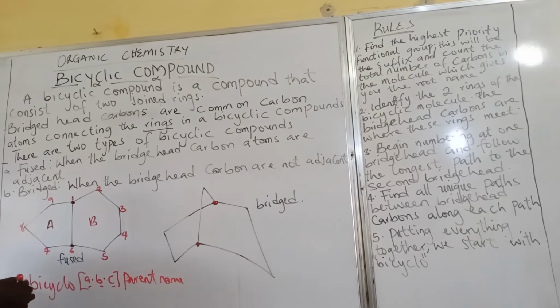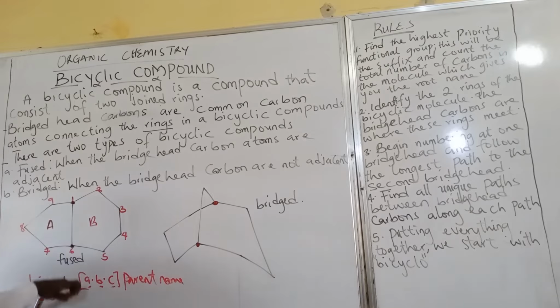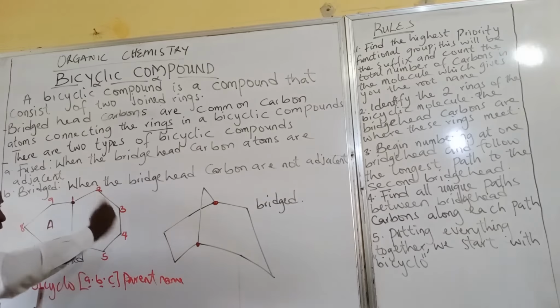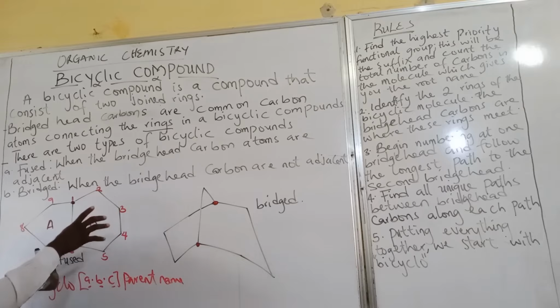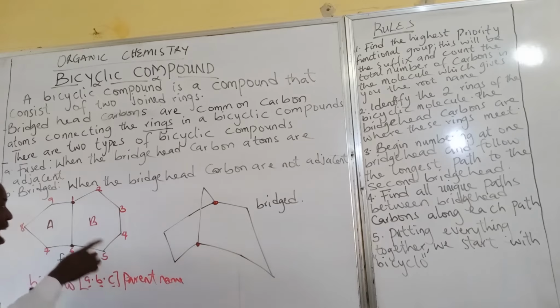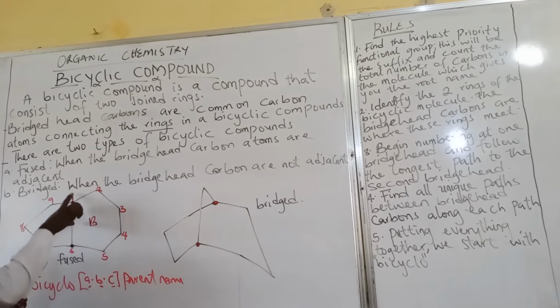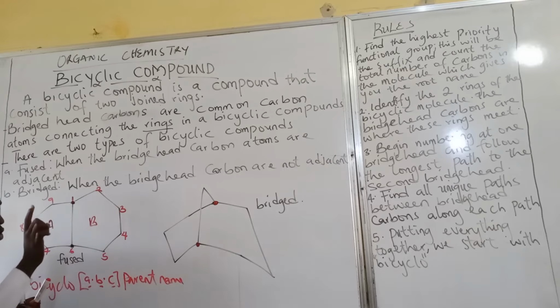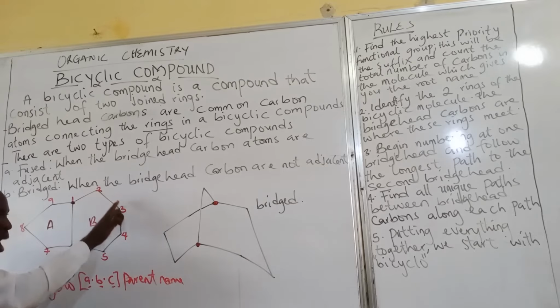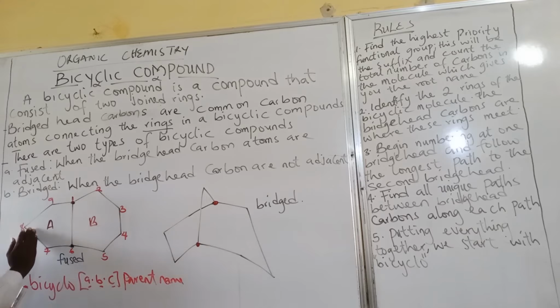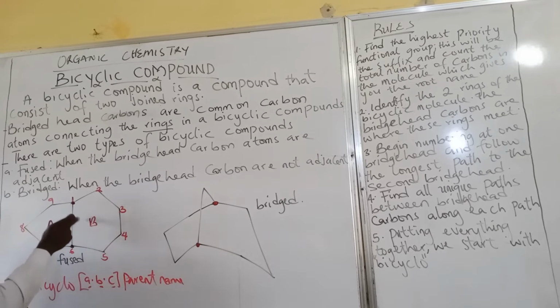This A belongs to the number of carbons in the ring with the largest number of carbon atoms, excluding the bridgehead. Simple. It means that you do not count the bridgehead. Now you are just after the other carbons that are here outside the bridgehead. While B, for the other ring, you are after the other carbon atoms, excluding the bridgehead.